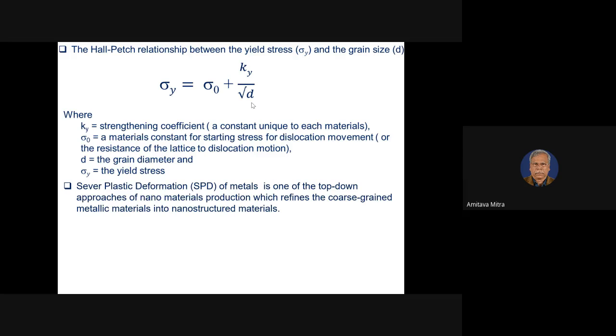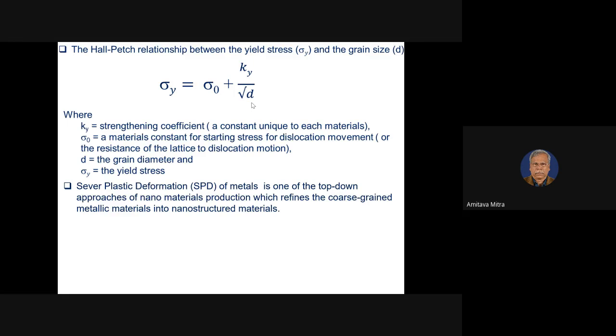So today we will discuss a technique which is called the severe plastic deformation of metals. We will take the metal or the metallic materials and give a severe plastic deformation, which is known as the SPD.